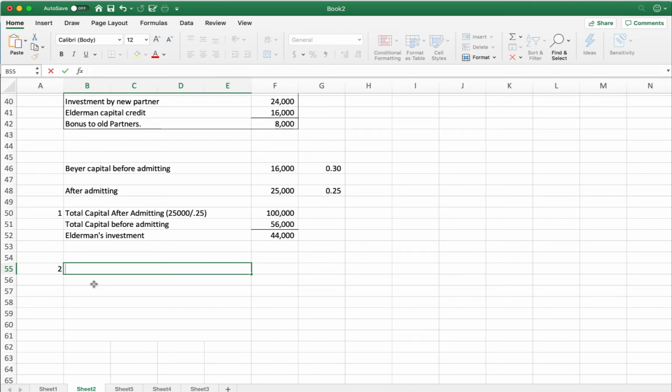Actually, it's a decrease to Bayer. Well, let's think about that. What was his original amount that he had invested? The original amount that he had invested was $16,000.